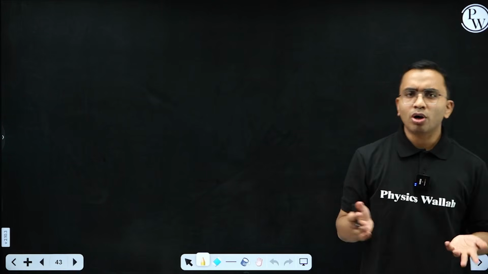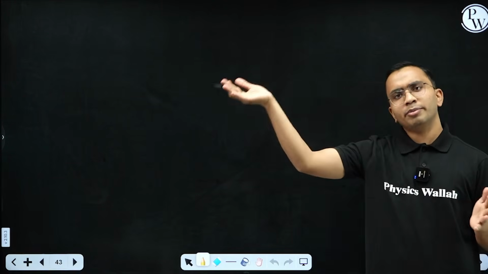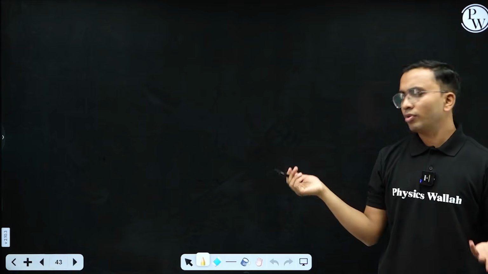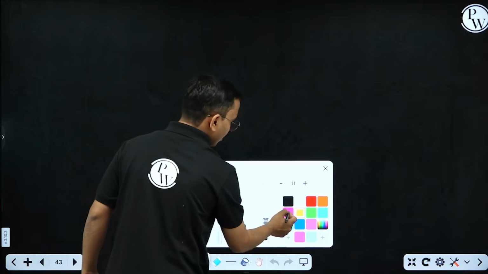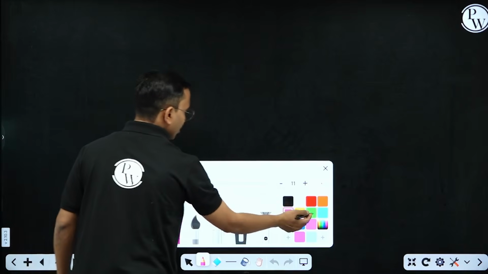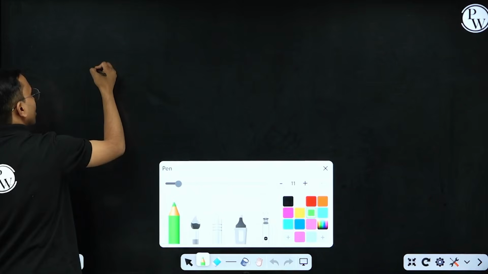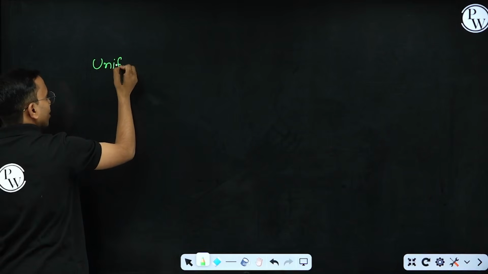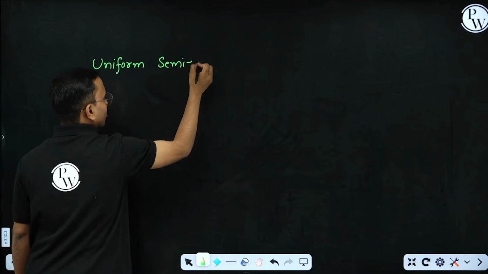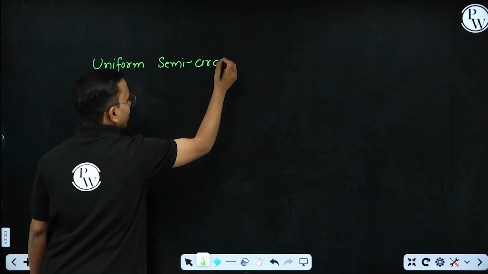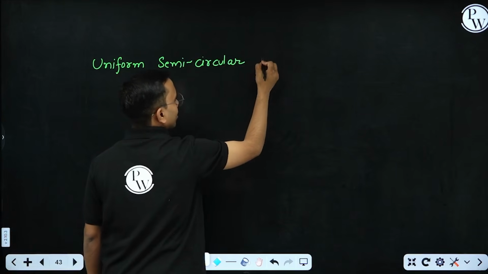Now let us consider an arc, so all the total mass is at the same distance only. Okay, so it will be the same thing. So let us write that quickly. Due to a uniform semicircular ring.